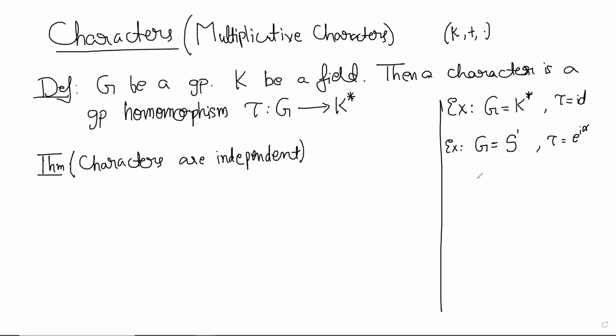So the problem is that I should have said what do I mean by K. I did not say that. So K is the complex numbers. Okay. So what I am looking at is from S1 to C star. I'm looking at a group homomorphism, which is just taking this z and multiplying it by this.